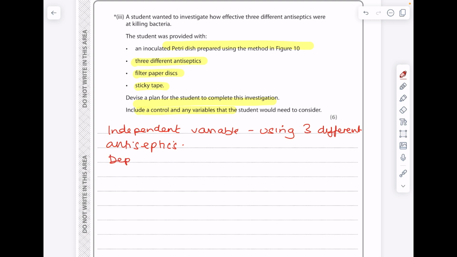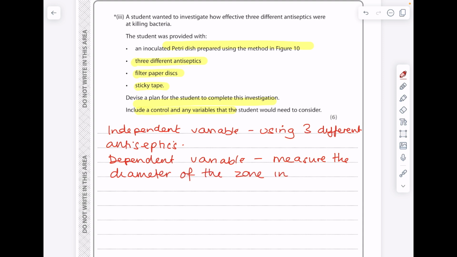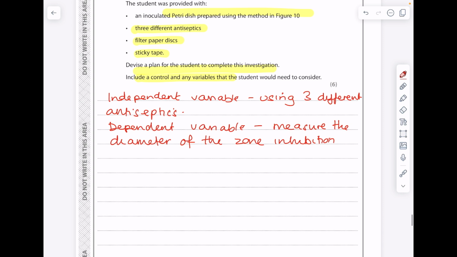What's our dependent variable? What are we measuring? Measure the diameter of the zone of inhibition produced by each antiseptic on the agar and calculate the area using pi r squared. Control variables. So what are we keeping the same?